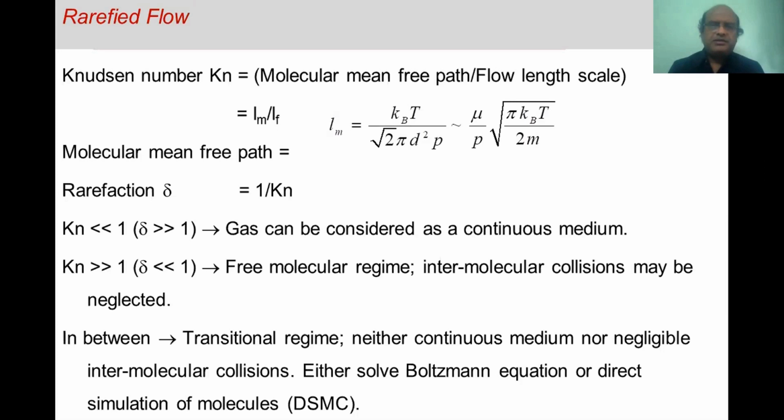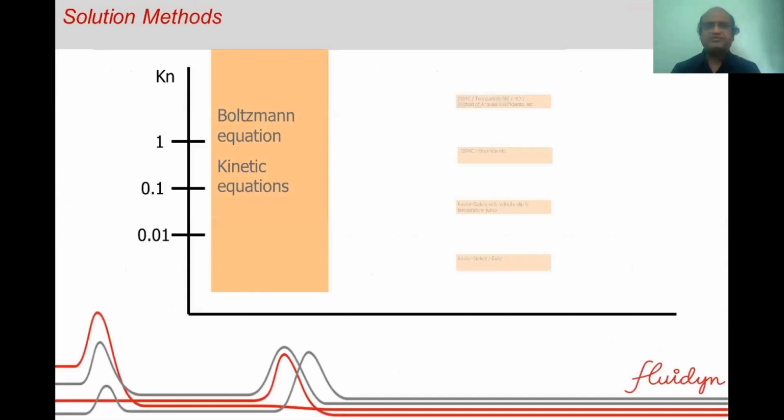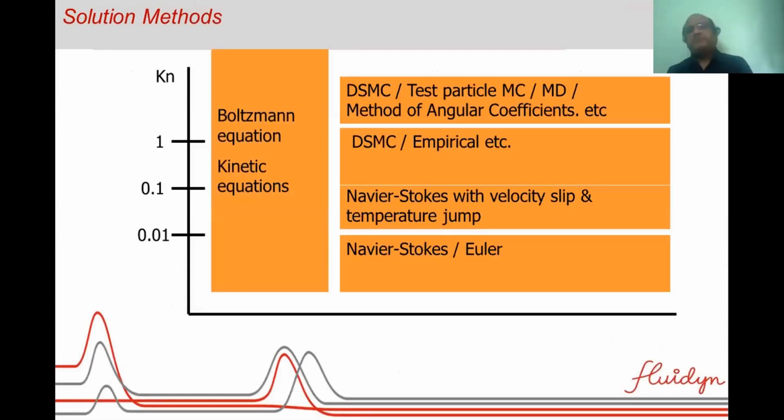So there are different methods developed to apply in different regimes. For example, when Knudsen number is less than 0.01, the Navier-Stokes equations can be used.